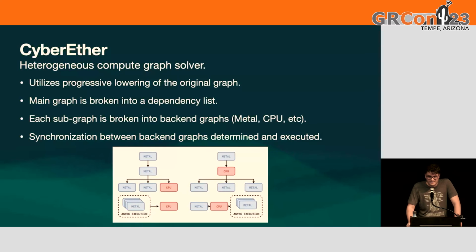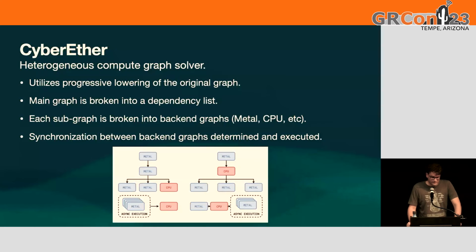But if you are mixing and matching heterogeneous GPU acceleration APIs, you do this explicitly. For example, if you have a vector coming out from the Vulkan graph and going to a CPU graph, you need to synchronize that explicitly before executing the CPU graph. So this is all taken care of by the graph solver.